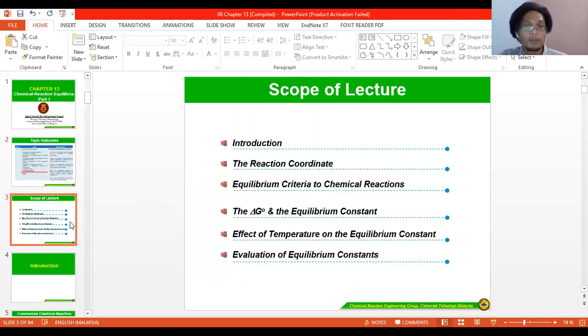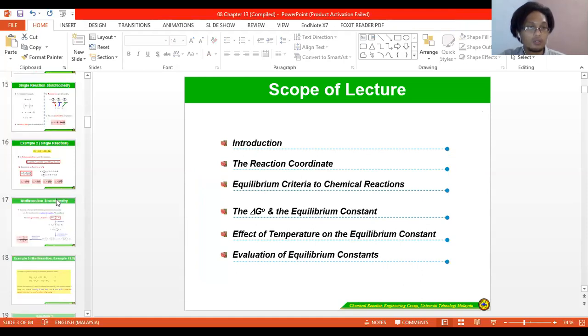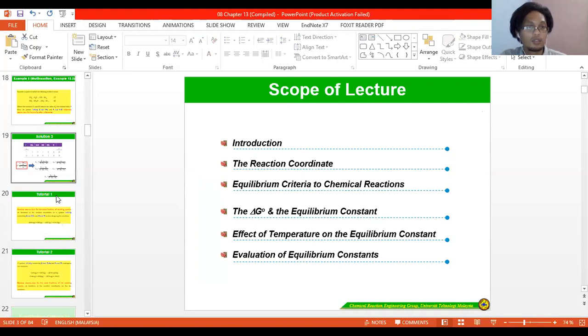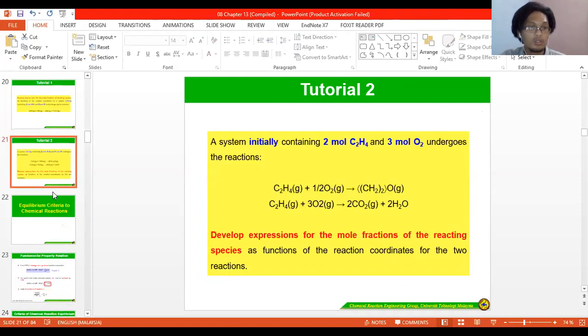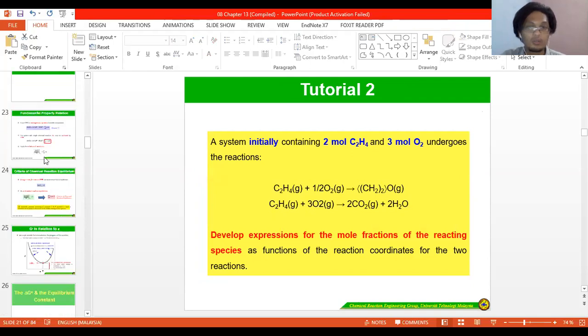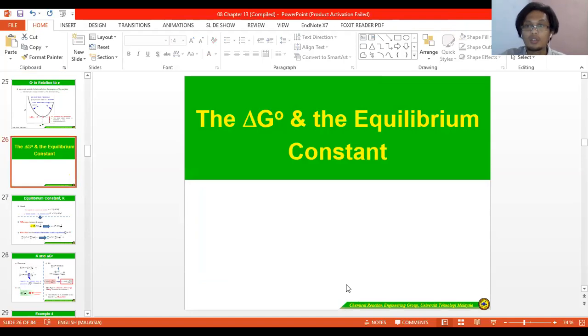Okay. So let's see, we continue from the last class. I think we already did this one, and this one about the equilibrium constants we already explained. So let's see how to calculate the equilibrium constants, and the relationship between equilibrium constants and compositions.